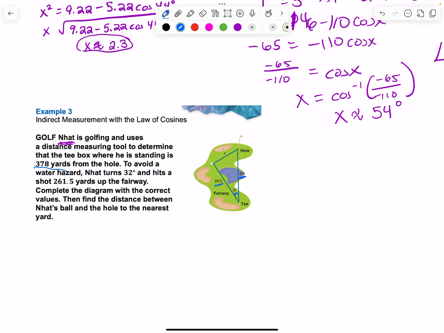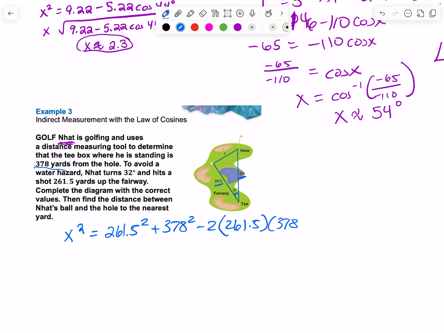So in this case, x squared is going to equal the one side we know, squared, plus the other side we know, squared, minus 2 times each of those side lengths, cosine that angle that's inside there.